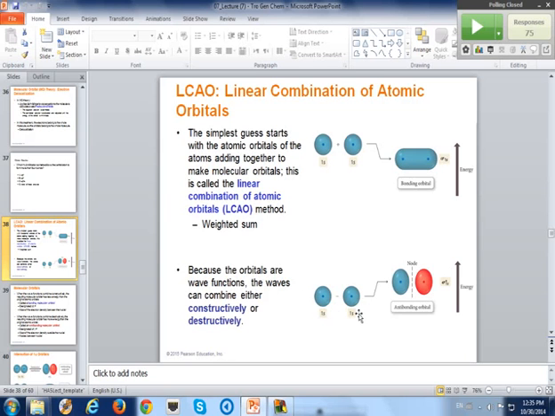On the other hand, the linear combination that destructively interferes those atomic orbitals, such that the destructive interference causes zero probability between the nuclei, and you recall from prior quantum mechanics, such regions where the probability is zero, these are referred to as nodes, right? Why are they nodes? Zero probability of the wave functions, in this case the molecular wave functions.